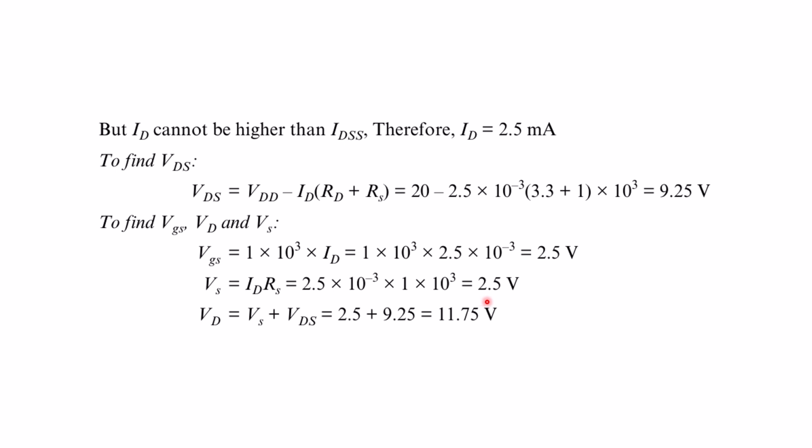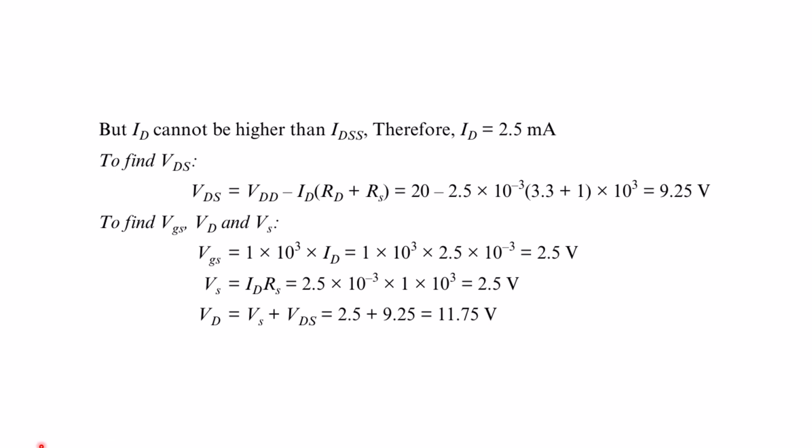The answer for VS is 2.5 volt. Then VD, which is equal to VS plus VDS. VS was calculated as 2.5 volt and VDS as 9.25 volt. So the final VD value is 11.75 volt.